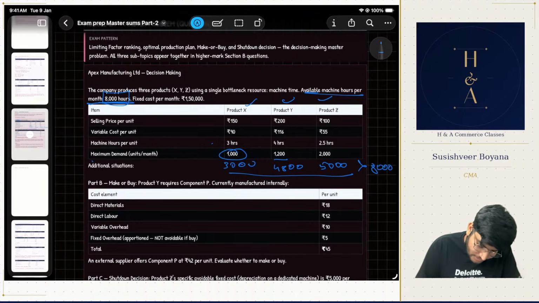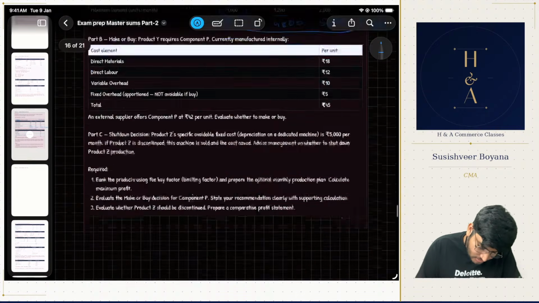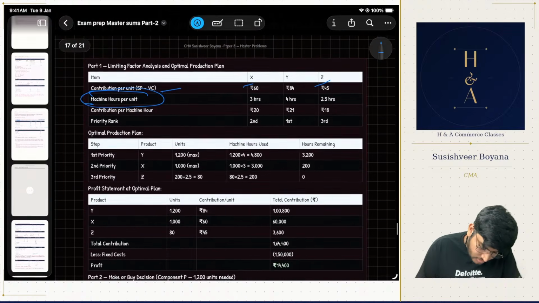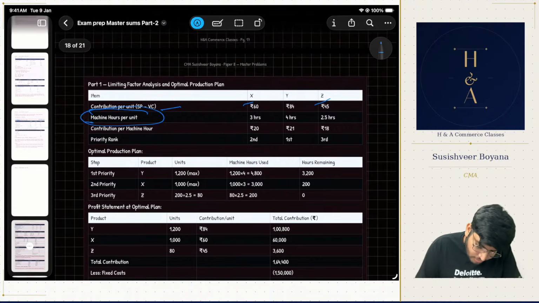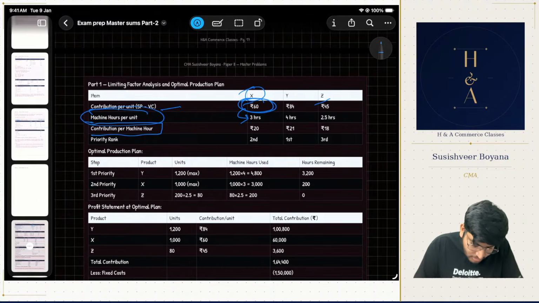Since the limiting factor is machine hours per month, you have to use the contribution for that specific product, see how many machine hours are being utilized. You calculate the contribution per limiting factor, because the bottleneck here is machineries. 60 divided by 3, 20. 84 divided by 4, 21. 45 by 2.5, 18.